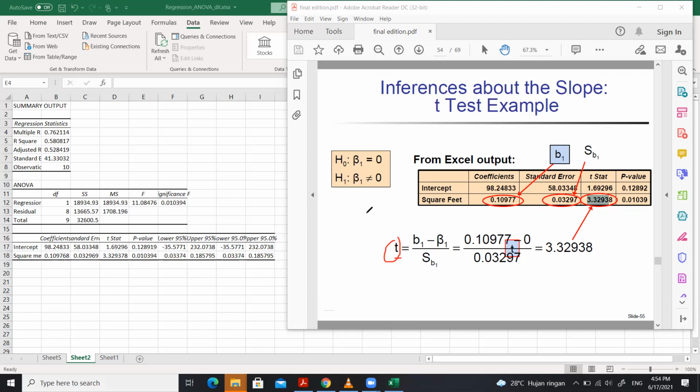Is it testing for H0? H0, why not H1? Because for the B1 in the equation, we insert 0. Okay, good, that's the point. Very good. I hope the others have the same reason as you.